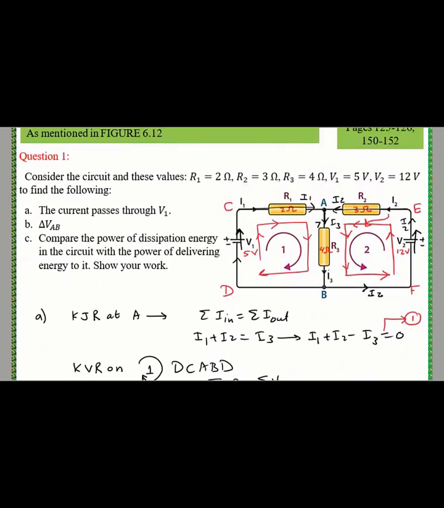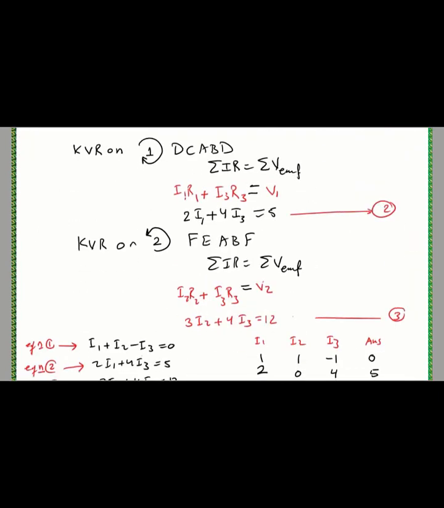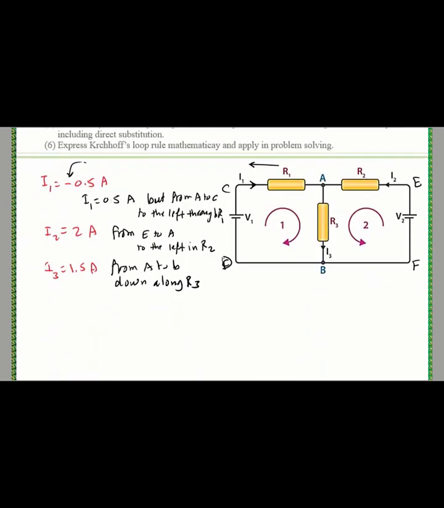The first part, find the current that passes through V1, means I1. I found that I1, in the diagram, is from D to C, but it should be from C to D. So make a correction here for the direction of I1: to the left, then it will go down.